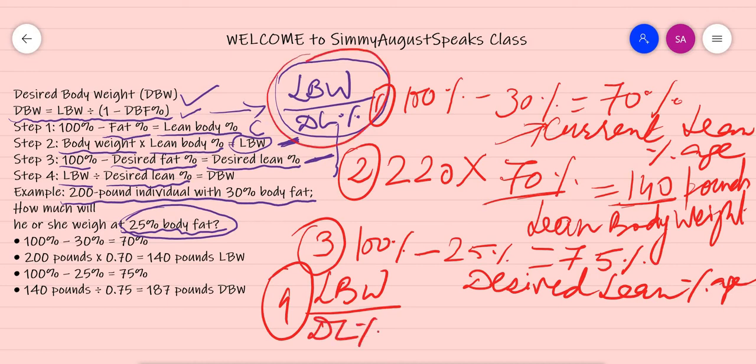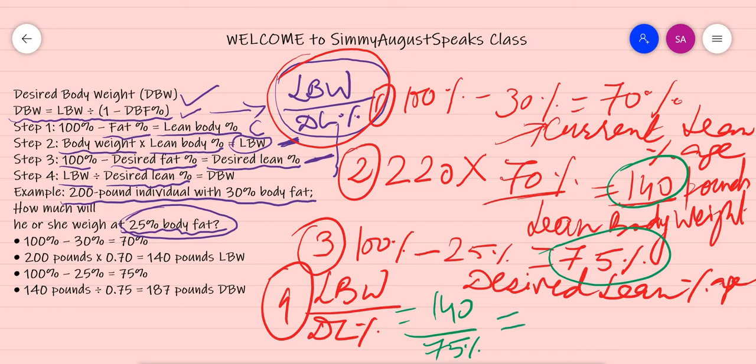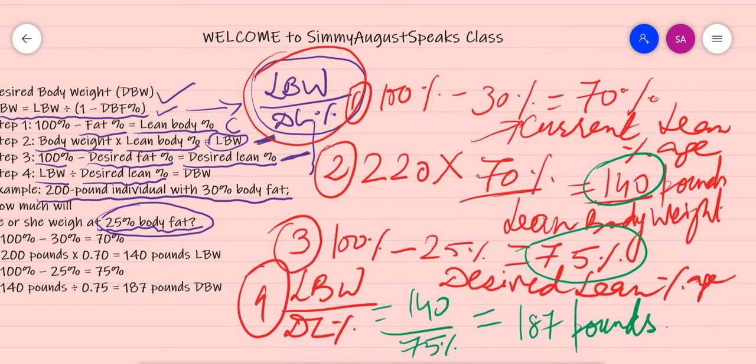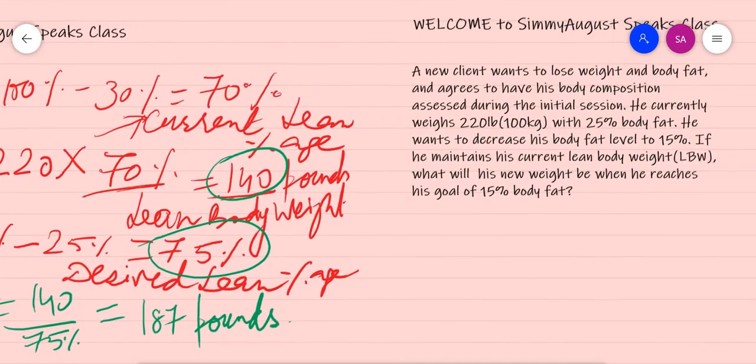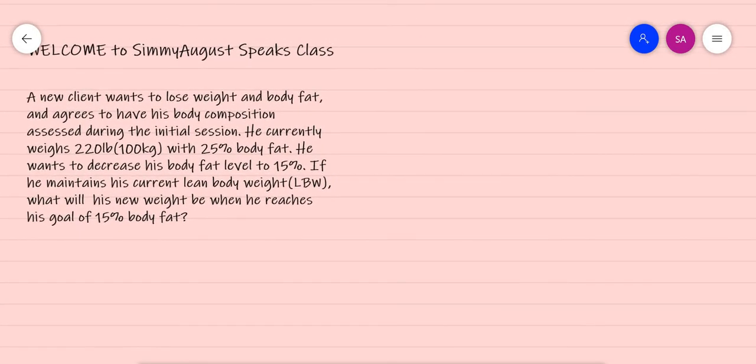So lean body weight is 140 pounds, and desired lean percentage is 75%. So 140 divided by 75% comes to 187 pounds. So easy. We will handle another example to understand it more clearly.